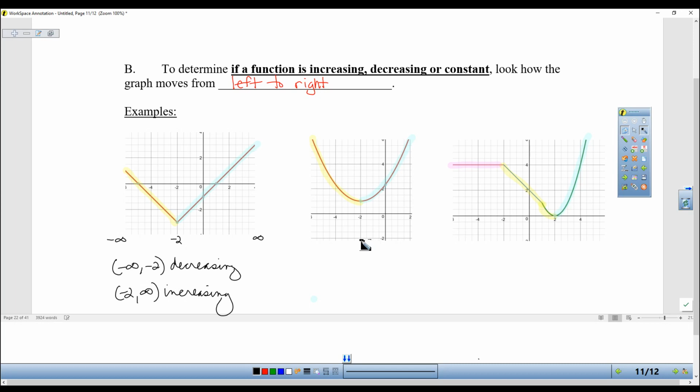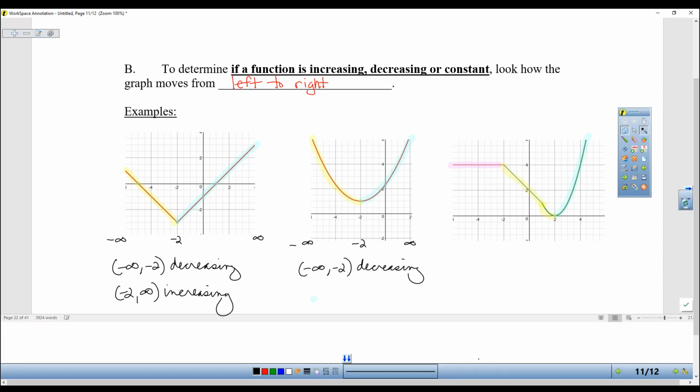This one's also -2. This graph looks completely different. And yet, it has the exact same answer. From -infinity to -2, so you're giving me the interval on which it's happening. It's decreasing.